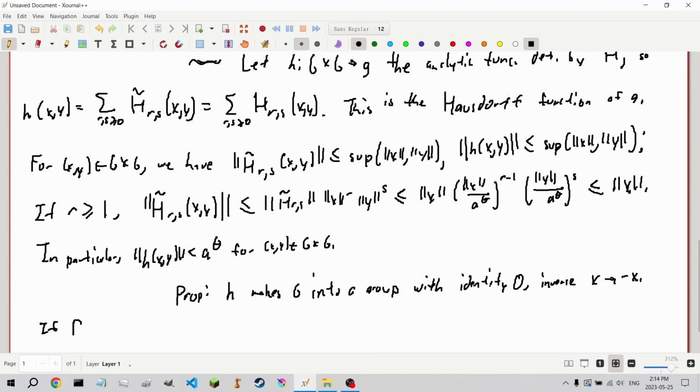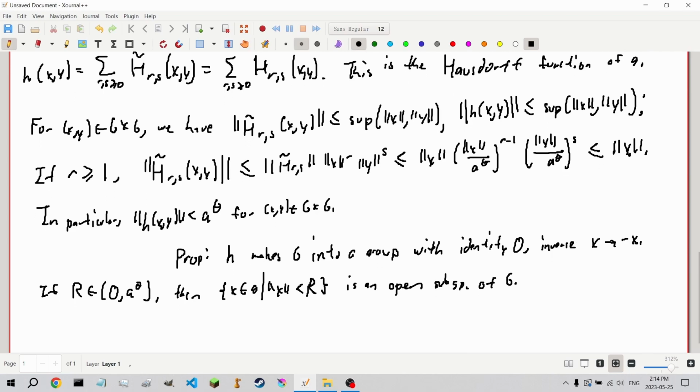If R is a real number in the interval 0 to a theta, then the ball of radius R, centered at 0 of course, is an open subgroup of G.